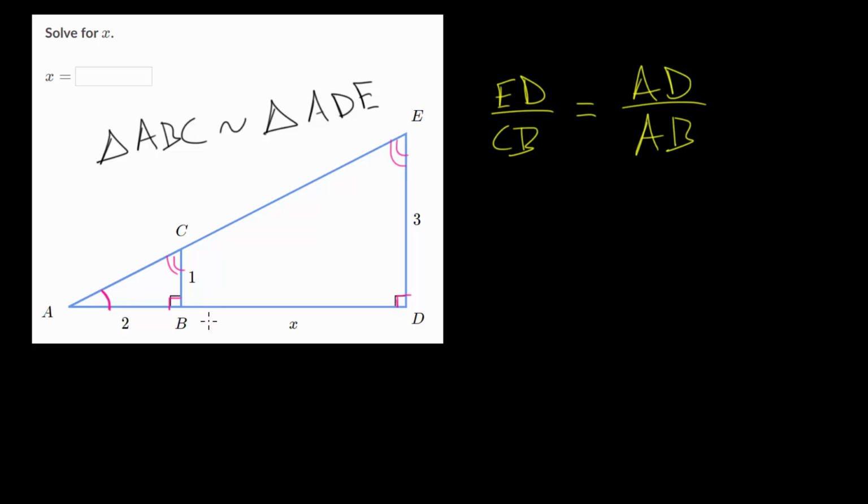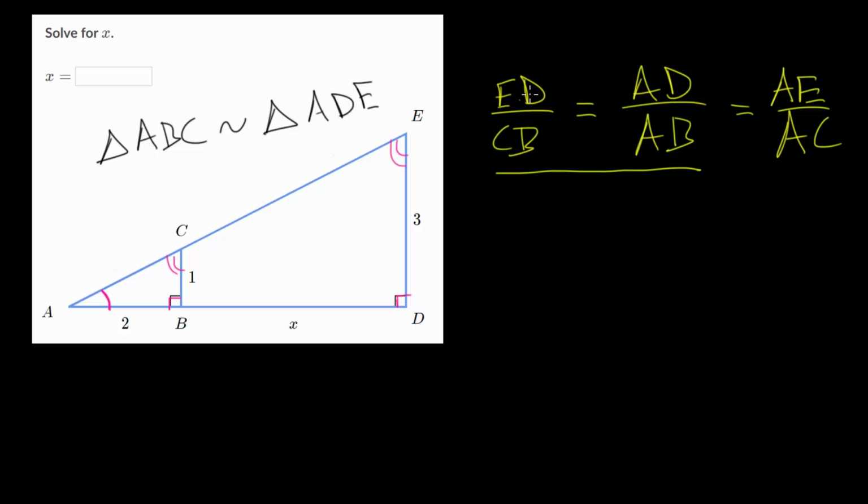Since the proportionality constant is equal when we consider the ratio of any of the corresponding sides. And we could extend this one further. We can look at the ratio of the bigger hypotenuse, AE, compared to the smaller hypotenuse, AC. These are all equal to each other, but in reality, we just need to look at these two since we have information for these two, and we can solve for x.